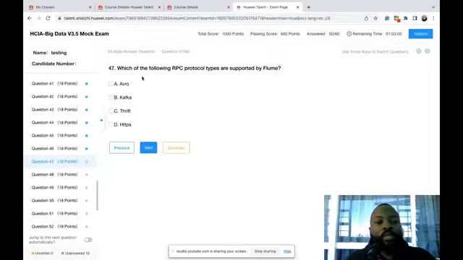Okay, and then which of the following RPC protocol types are supported by Flume?